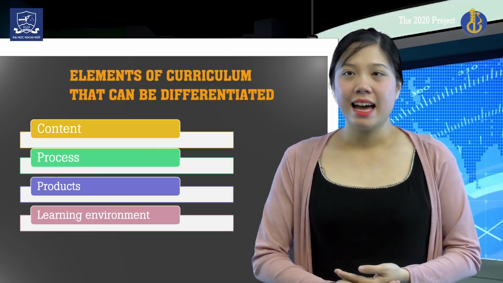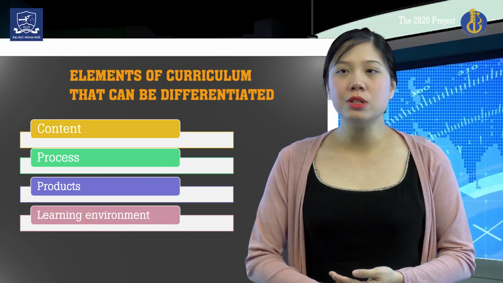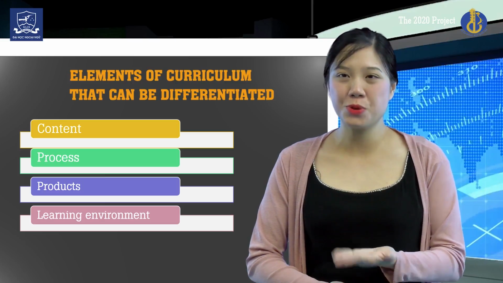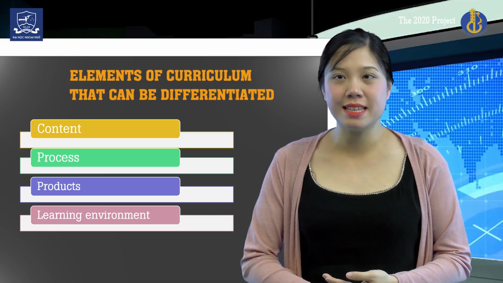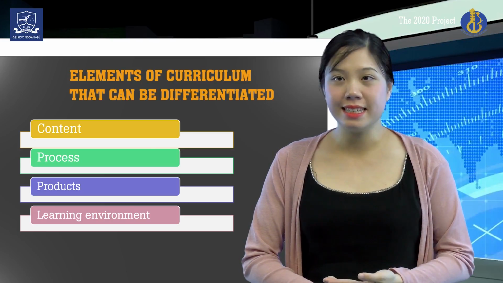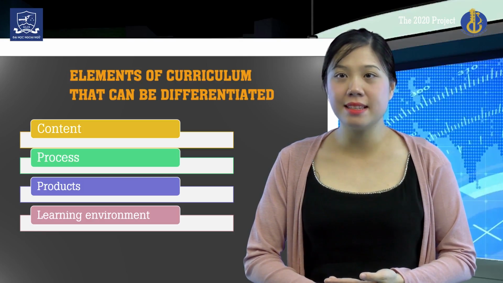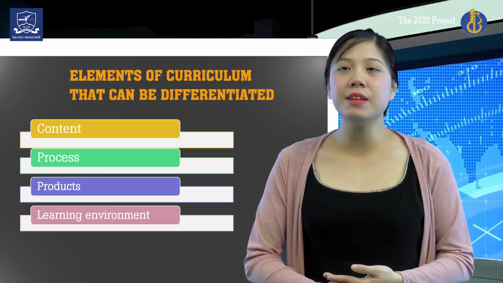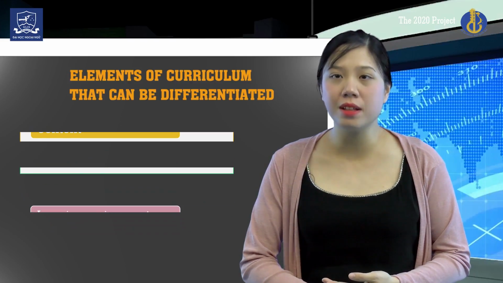Process: activities in which the student engages in order to make sense of or master the content. 3. Products: culminating projects that ask the student to rehearse, apply, and extend what he or she has learned in a unit. And 4. Learning environment: the way the classroom works and feels.